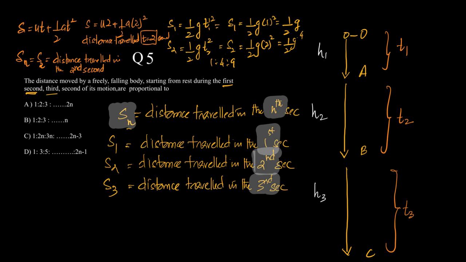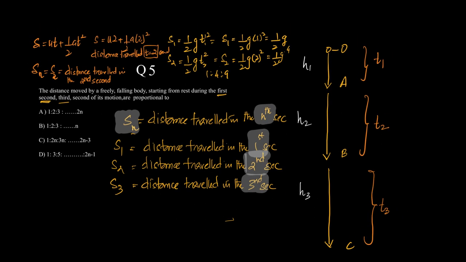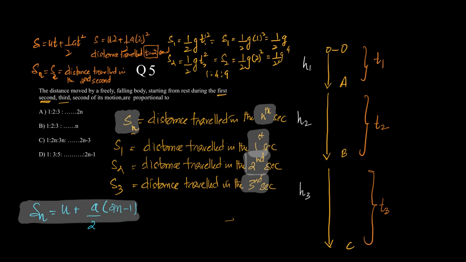Now, what is the equation for Sn? We're not going to discuss the derivation here. Sn is basically u plus a by 2 into 2n minus 1. This is the equation for Sn. Why are we not discussing the derivation? Because we are doing MCQ practice here, not a lecture for school level physics.